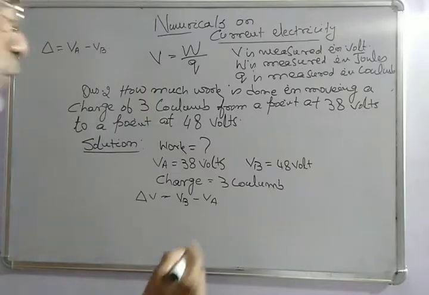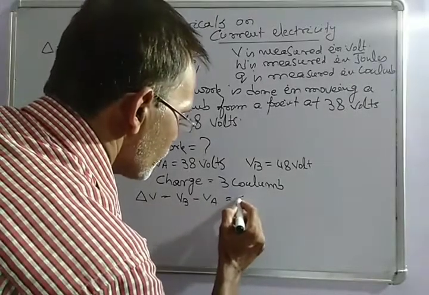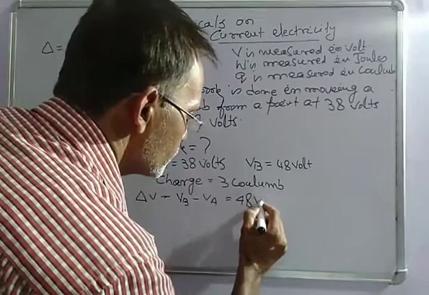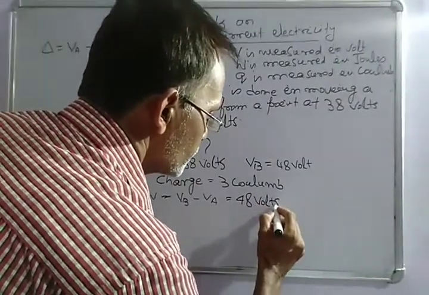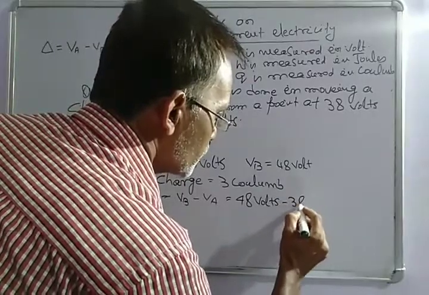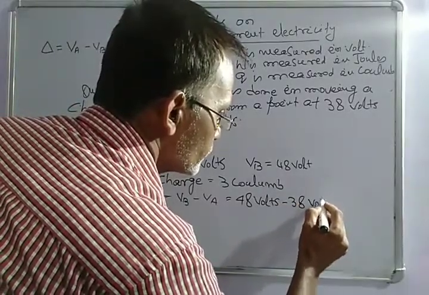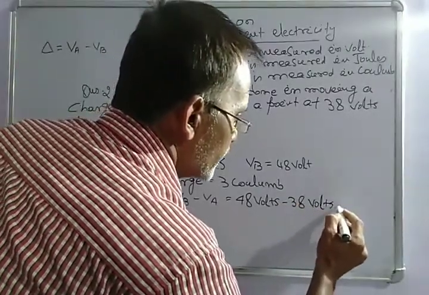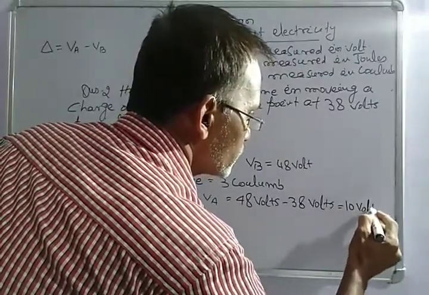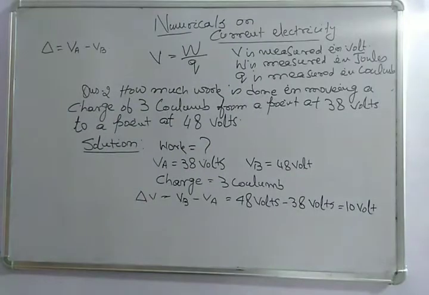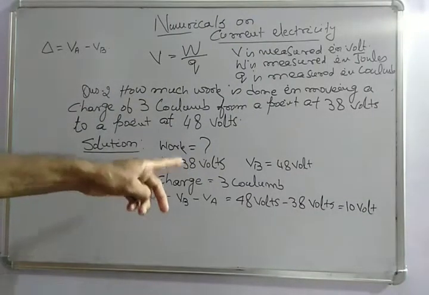So this is equal to 48 volts minus 38 volts, which is equal to 10 volt. The change in potential difference is 10 volt. Now see here, coulomb for work.